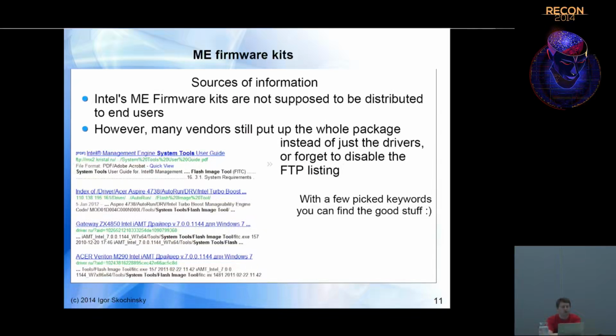However, many manufacturers are lazy, so they just take whatever Intel sends them and put it online as a driver for ME. So if you download that driver, you get all the Intel tools, all the fancy Intel confidential PDFs and so on. That's quite useful. If you know some keywords to search for, you can find many of those tools and much of that documentation available.